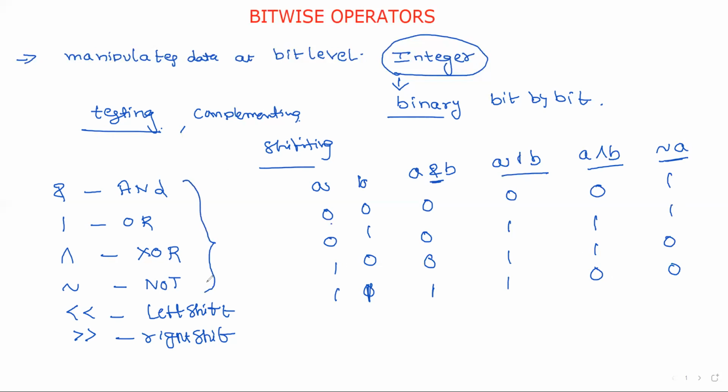The basic operators. Simple example, 1011 and 1101. Suppose you perform A AND B, what is the answer? 1 and 1 means 1, and the result is 1001. This is the answer.